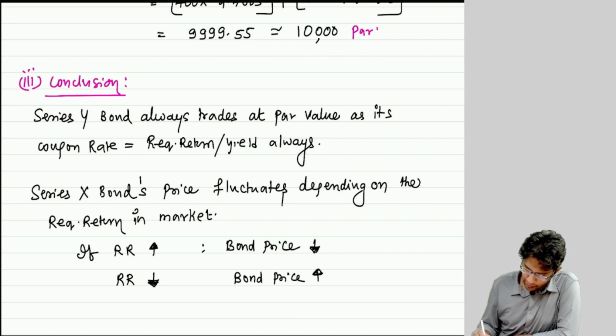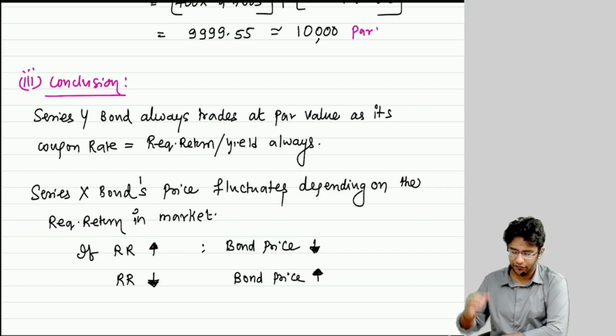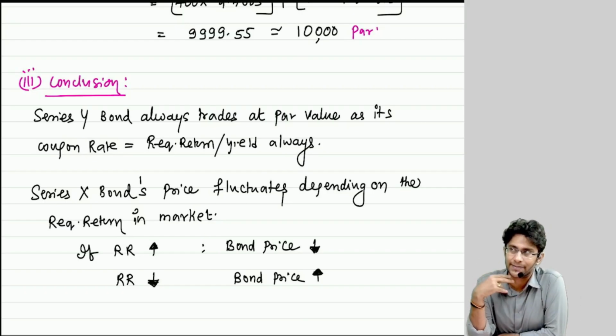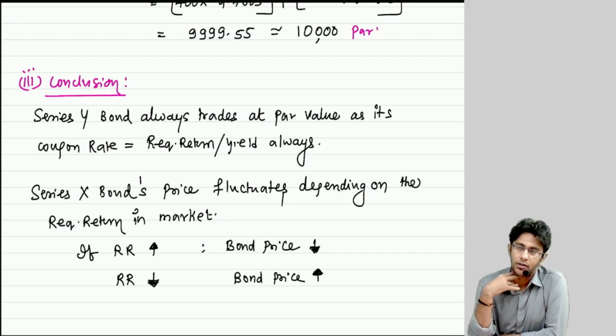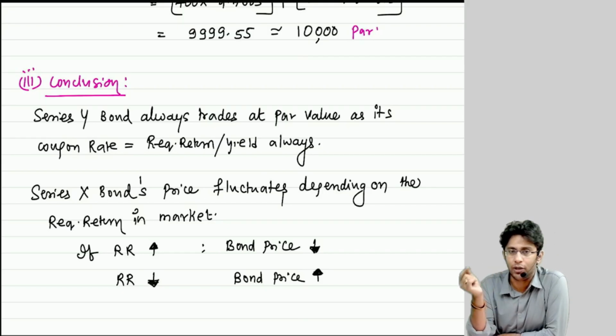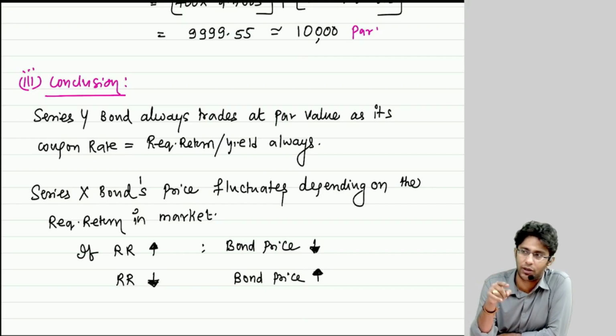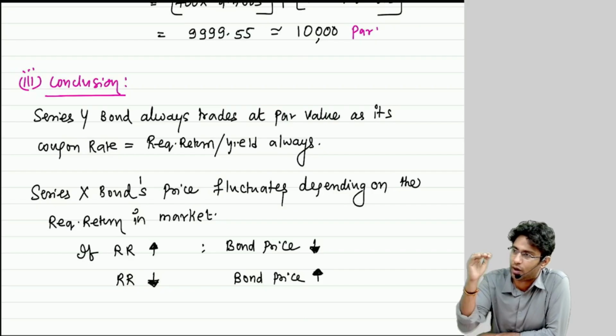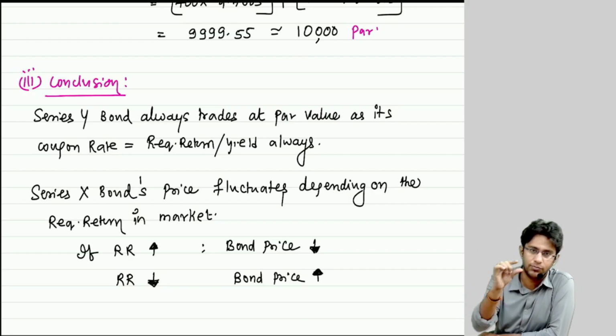Why will bond price fall when required return rises? When required return increases, the existing investor will not like the bond. He will try to sell the bond. Nobody will buy it, and therefore he has to sell the bond at a lower price. Somebody who buys the bond at a lower price will be able to get his revised required return. Therefore, bond price falls. This is the bigger logic.